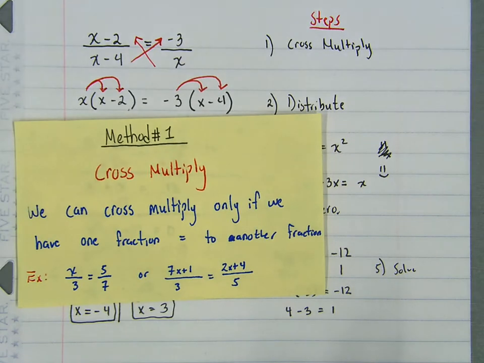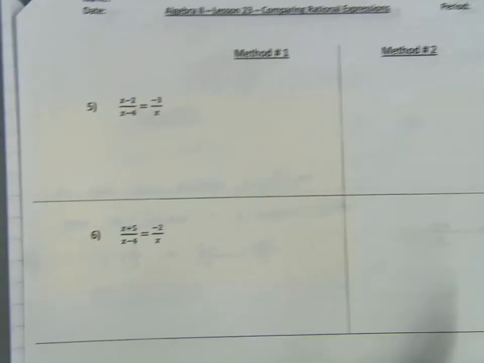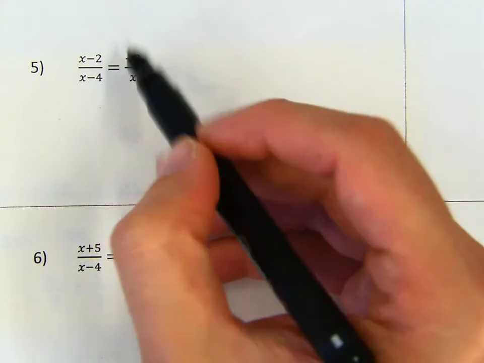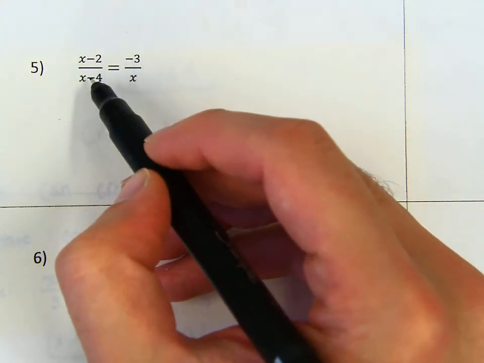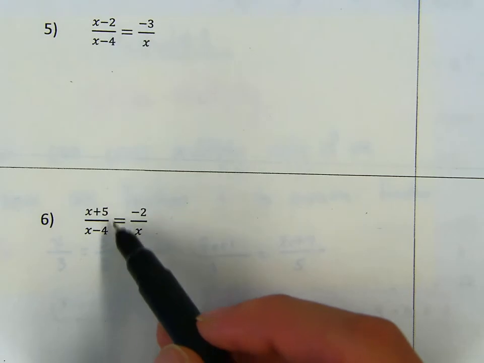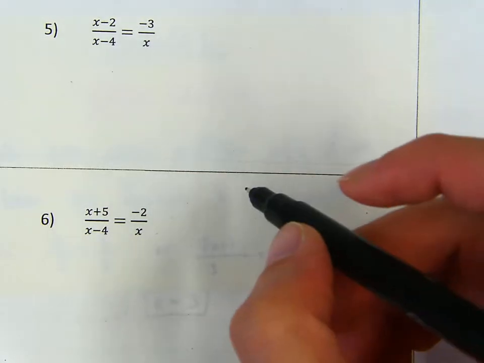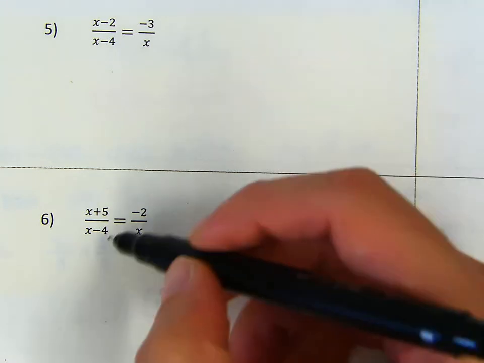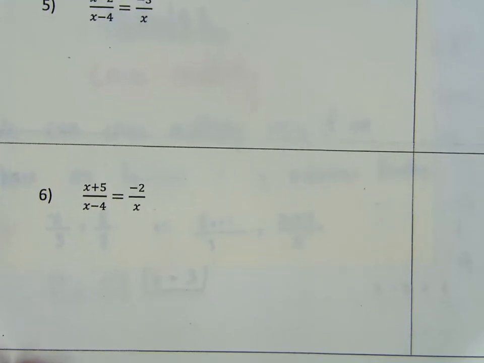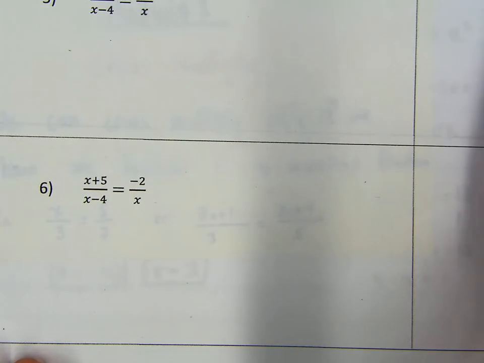So let's just take a look at our paper over here. Like in this example, you can cross multiply, right? Because I have one fraction equal to another fraction. In this example, you could cross multiply as well, right? What I want you to do is pause the video and try and solve this equation on your own before moving forward, okay?